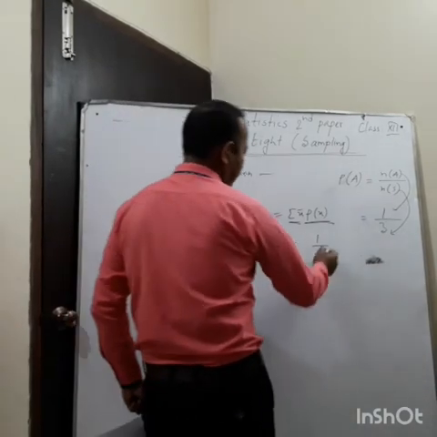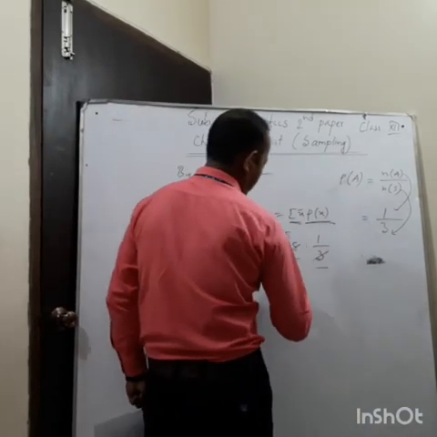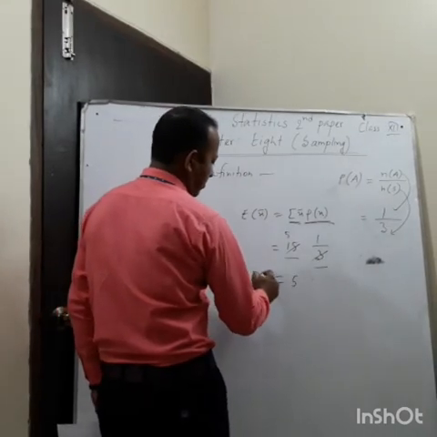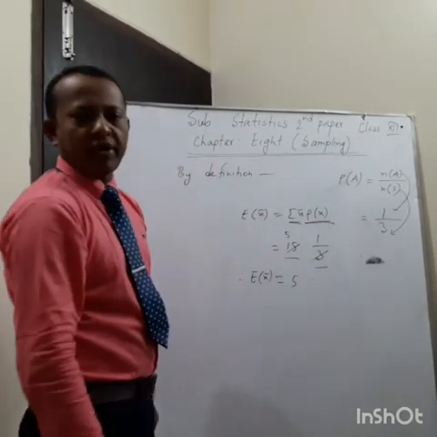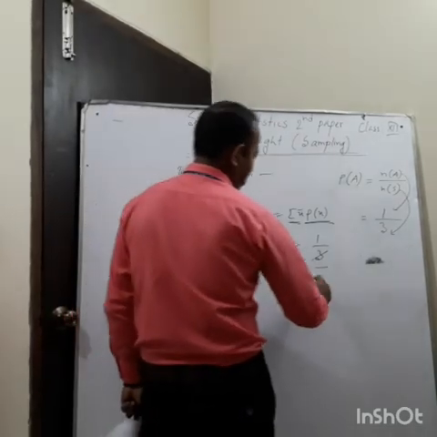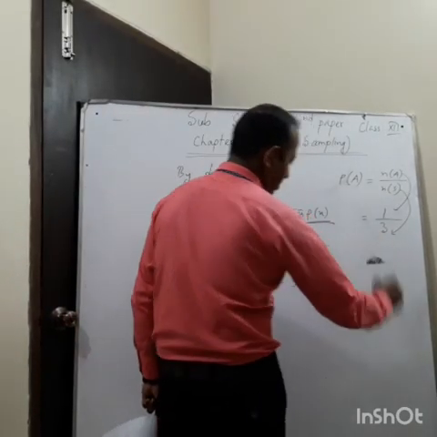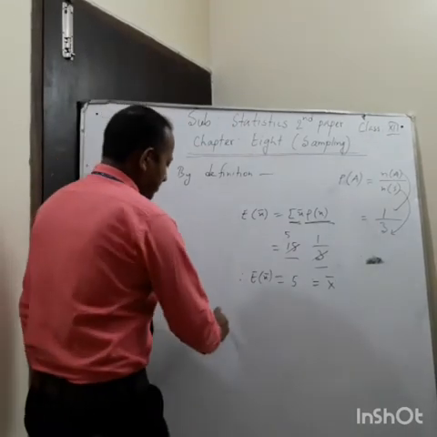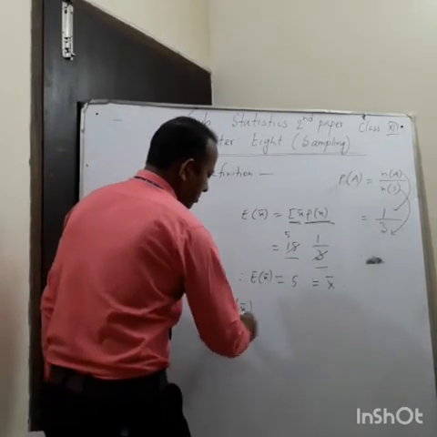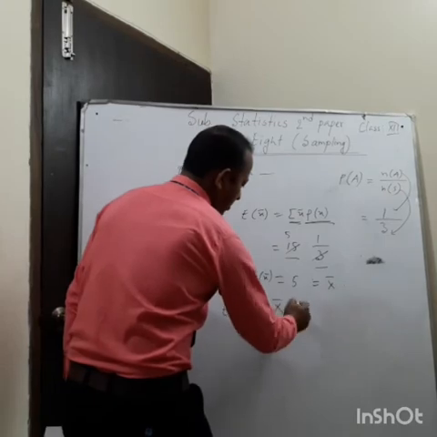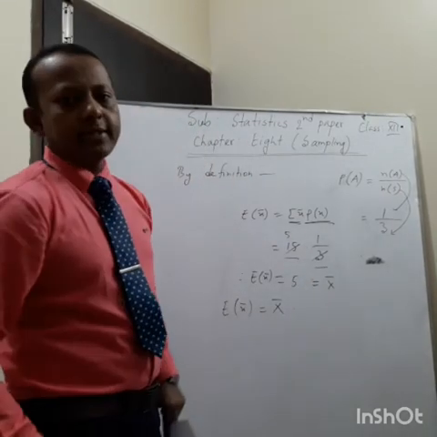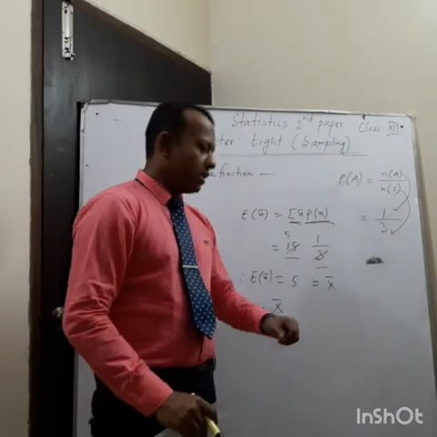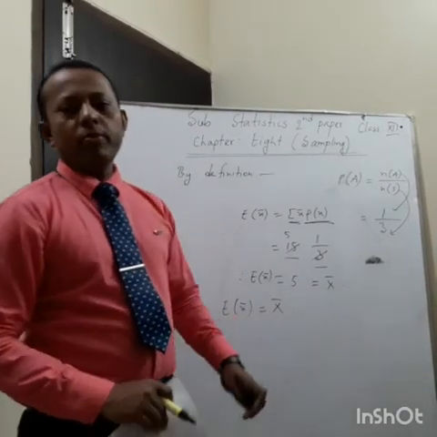And now this is 5, so expectation of x bar equal to 5, which is equal to capital X bar. Finally, we see that expectation of x bar equal to capital X bar, which implies that the sample mean is an unbiased estimator of population mean.